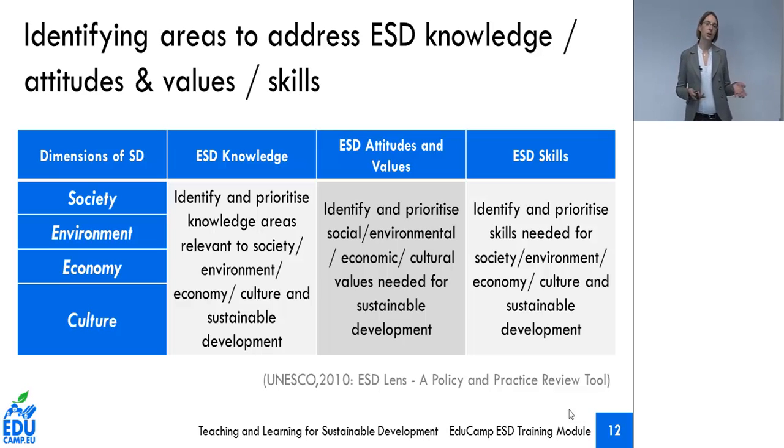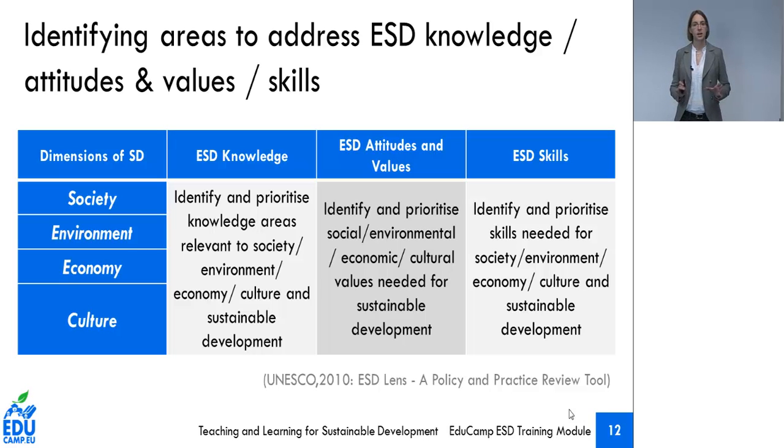And this can give you a possibility to identify what would be important for your school, for instance, in the field of knowledge for social issues, or what skills would you need for society, for social issues connected with sustainability.